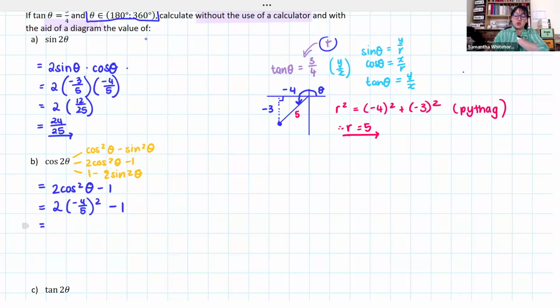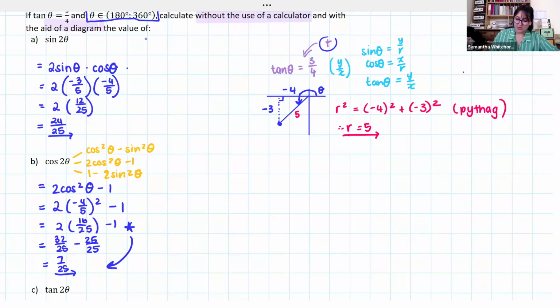And again, you don't just show your working out as far as you can. So this would be 2 times 16 over 25 minus 1. 32 over 25 minus 25 over 25 is equal to 7 over 25. Guys, from this point over here, you can pretty much type it into your calculator and get an answer. I don't really need to see the LCD.